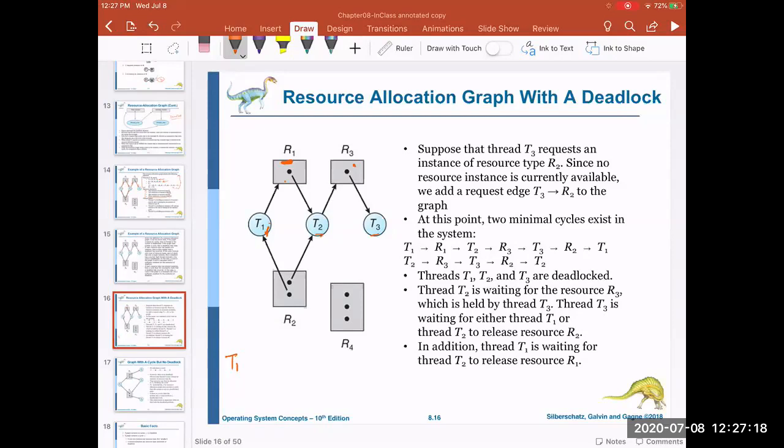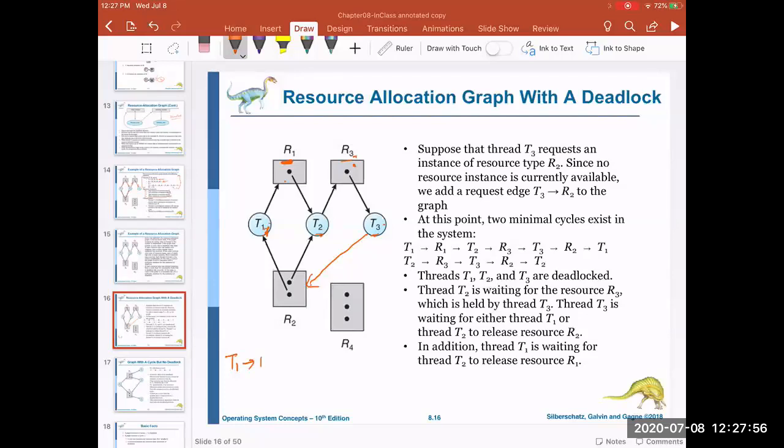Okay, so let us suppose I add another edge. T1 is waiting for R1 to get freed. R1 is allocated to T2. T2 is waiting for R3 to get freed, and R3 is allocated to T3, and T3 is requesting R2, which is already allocated to T1.